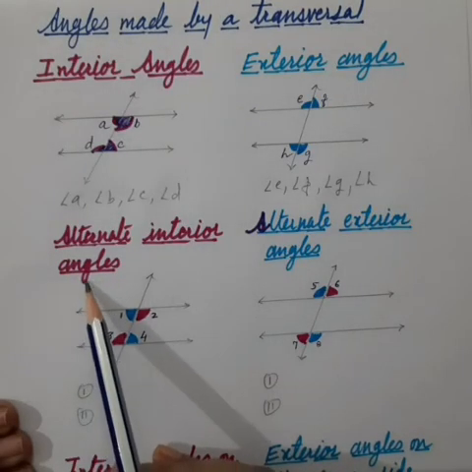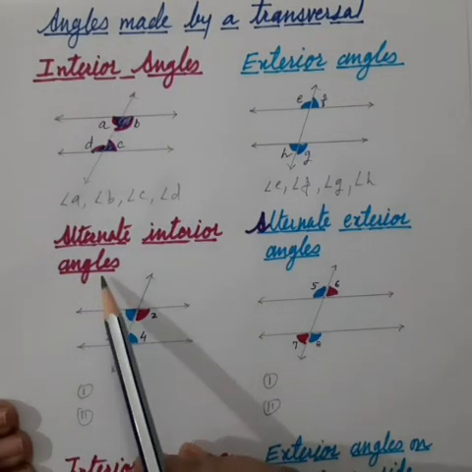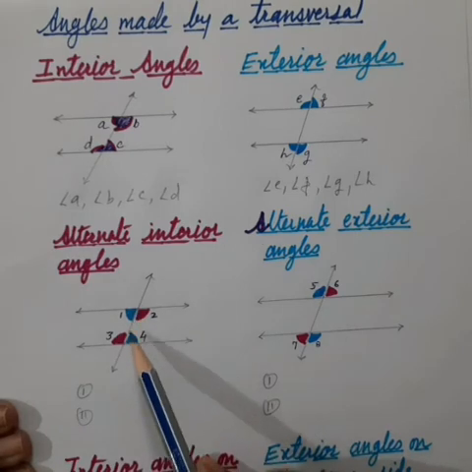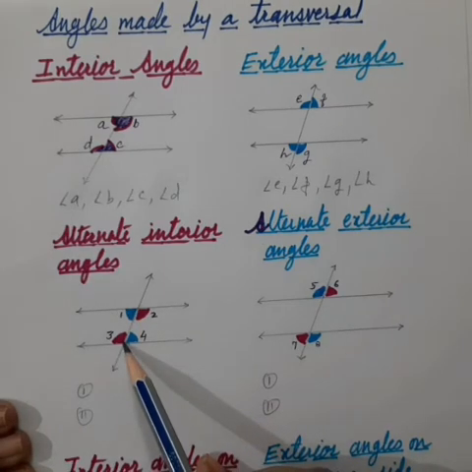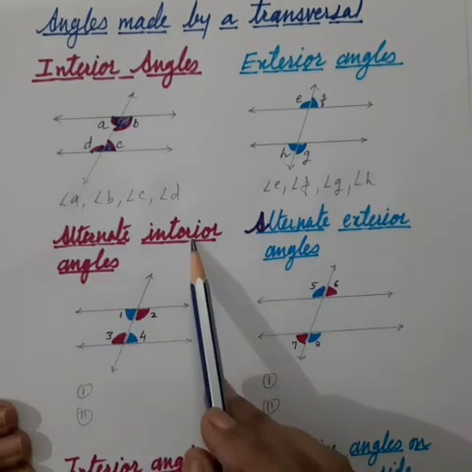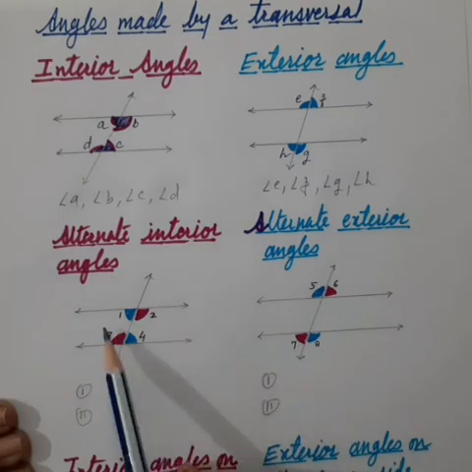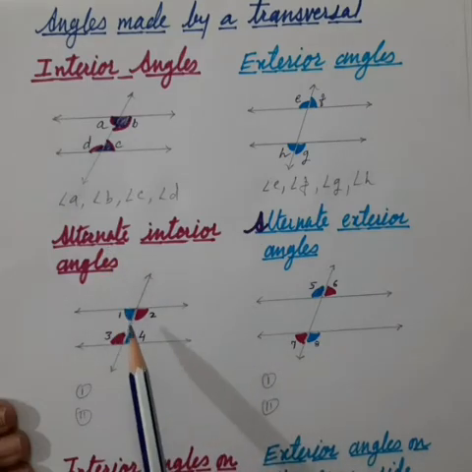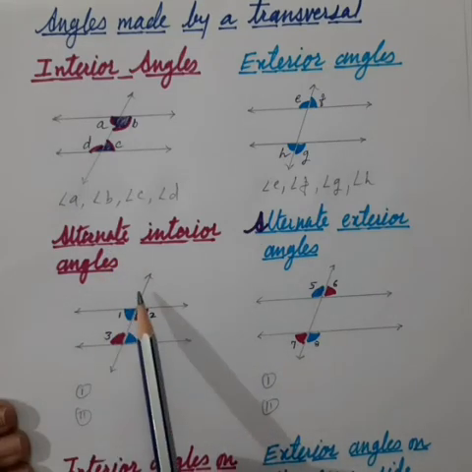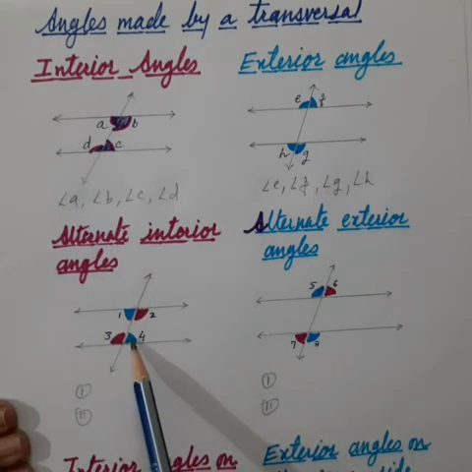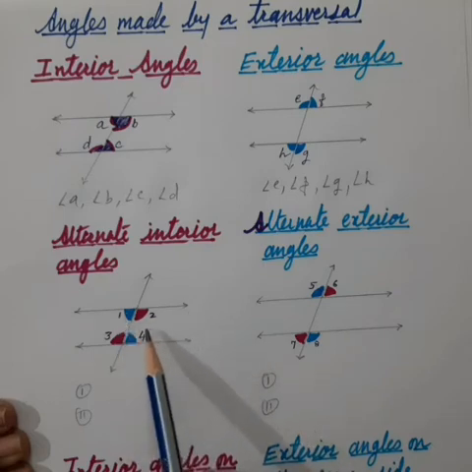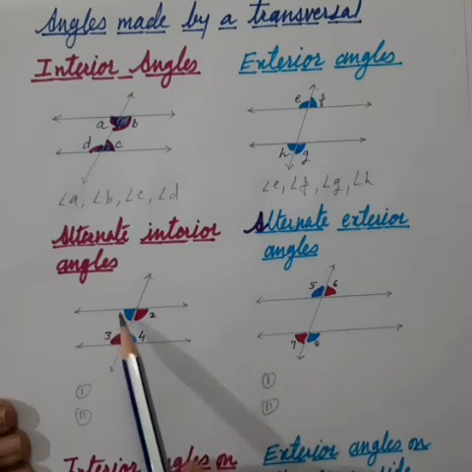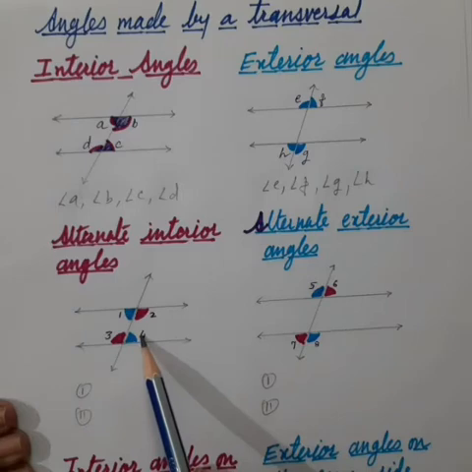Alternate interior angles. Alternate interior angles have different vertices. Their vertex is not common. They are interior angles, which means they lie between these two lines. And third, alternate means one is on the left side of the transversal and the other is on the right side of the transversal. So here angle 1 and angle 4 have different vertices.